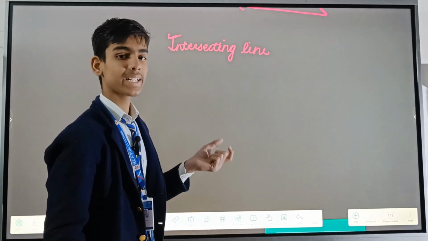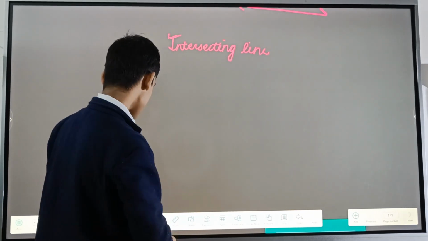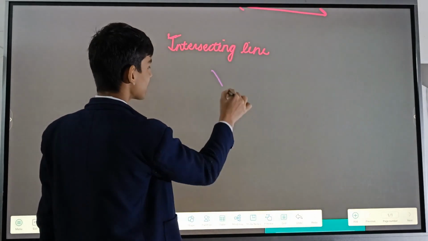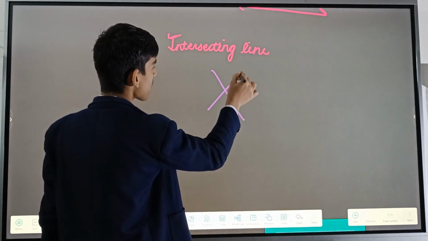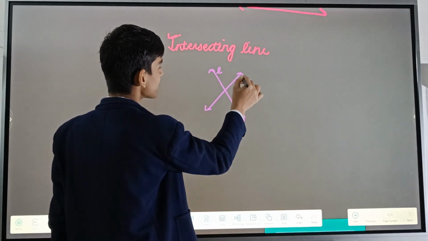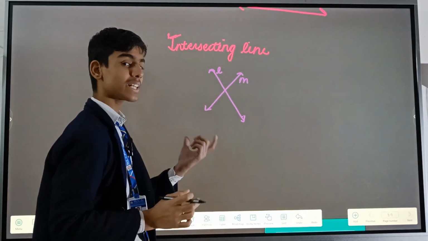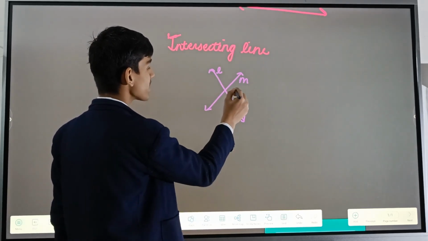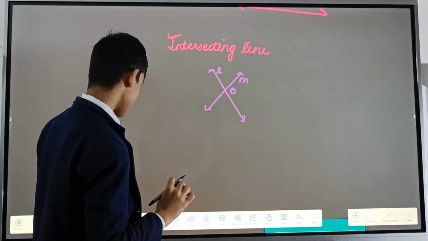When two lines intersect each other at a point, they are known as intersecting lines. Suppose we draw lines like that. Here is line L and here is line M. They are intersecting lines because line L intersects line M at a point O. So it is called intersecting line.